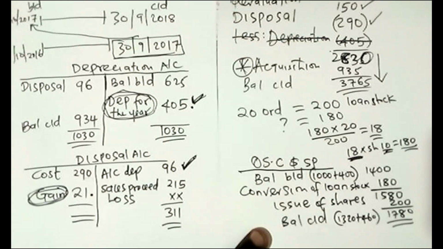So you need to understand how to use the vertical method to analyze income statement and the horizontal method to analyze both statements, income statement and statement of financial position. Then ratios. Ratios is all about formulas.